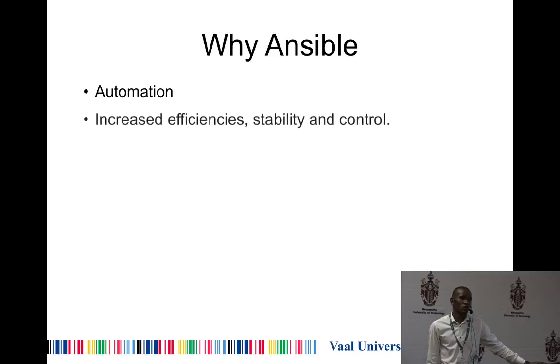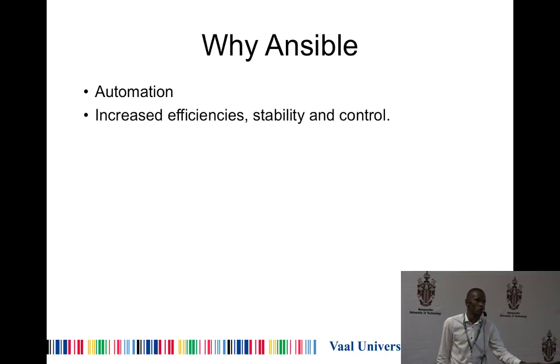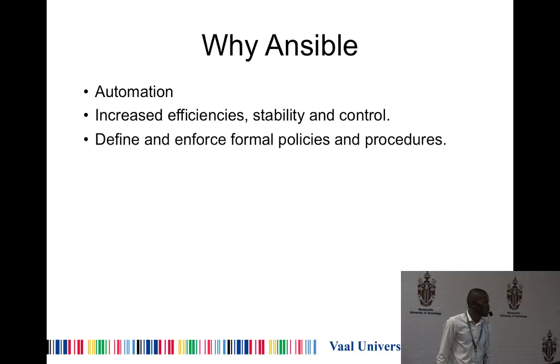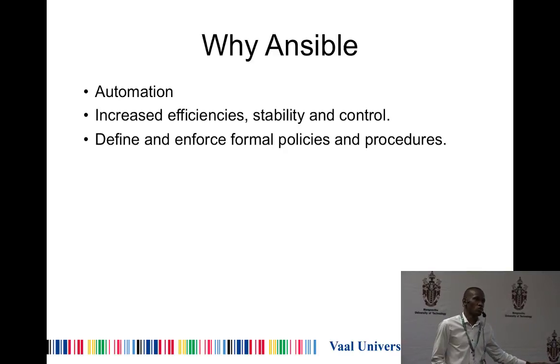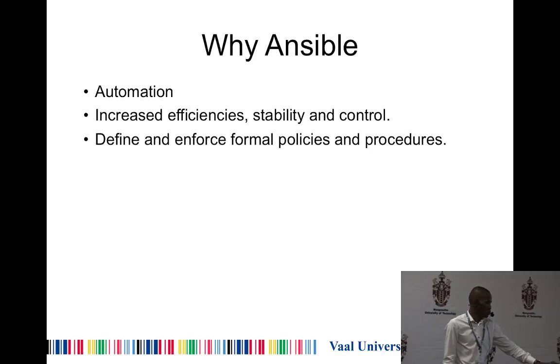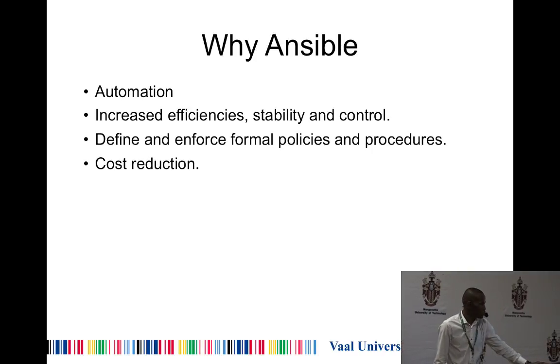We want to increase our stability on our infrastructure, and also have more control over what's happening on it. We also want to comply with certain policies and procedures which we have within the IT department. Since you do that with configuration management, you have a specific standard way of configuring your servers on an infrastructure.